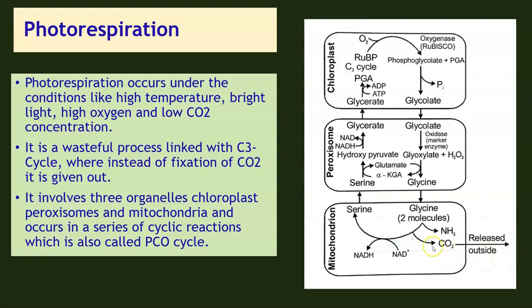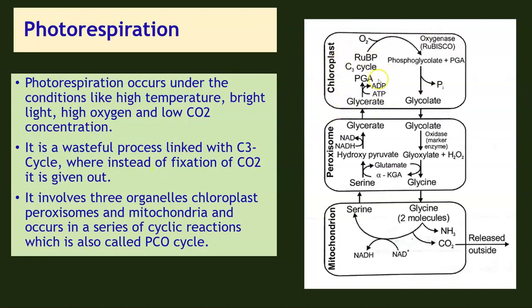Thus, there is loss of 25% of photosynthetically fixed carbon. Serine is transported back to the peroxisome and it is converted into glycerate. This glycerate is shuttled back into the chloroplast. Now here in the chloroplast, it undergoes phosphorylation and is utilized in the formation of 3-phosphoglyceric acid, which gets utilized in the C3 pathway.